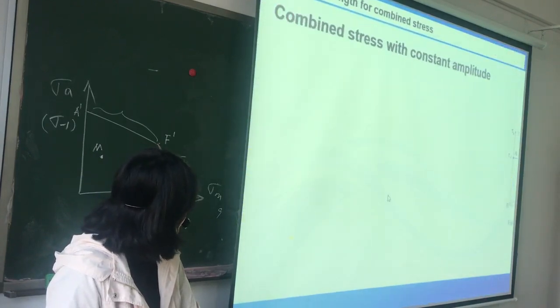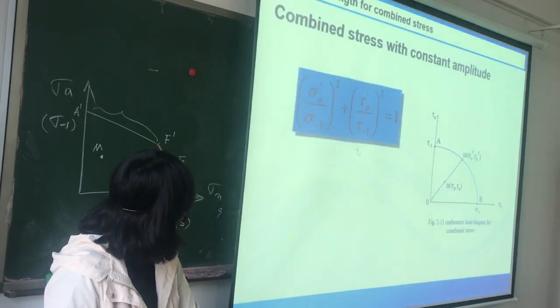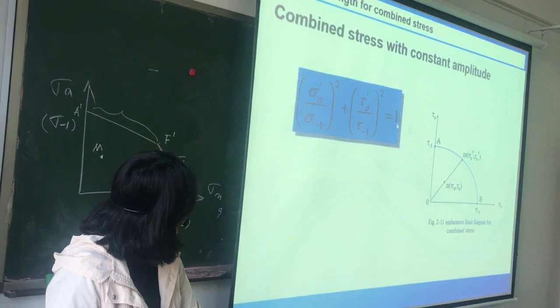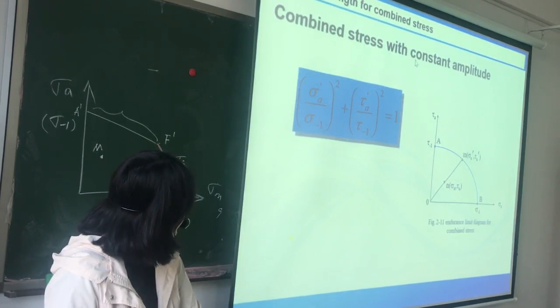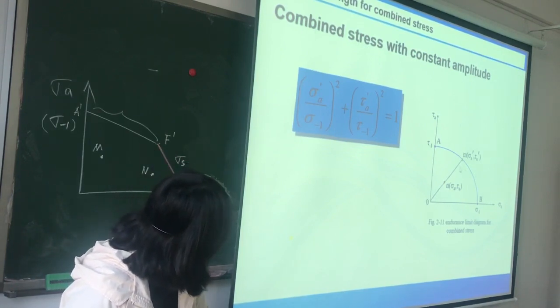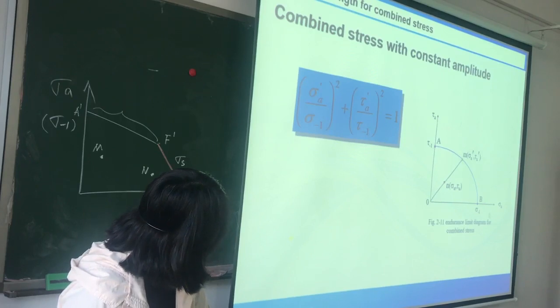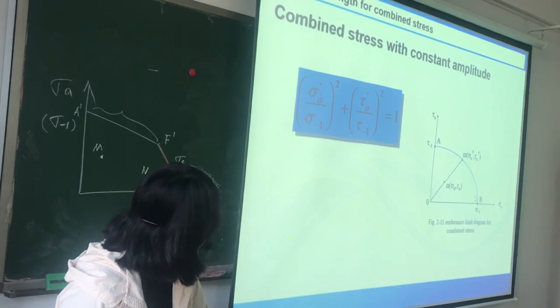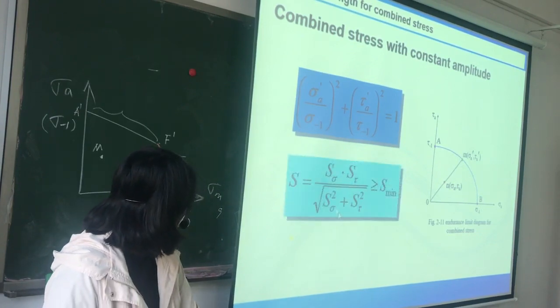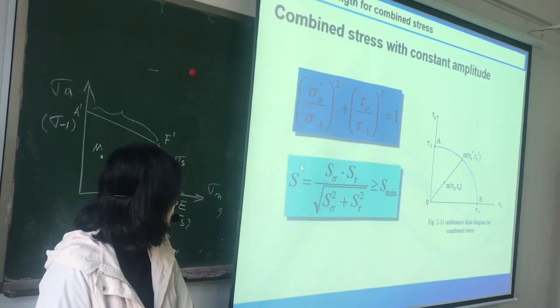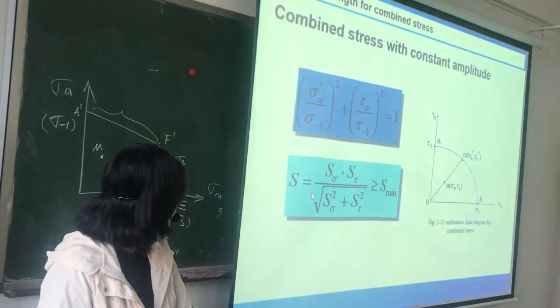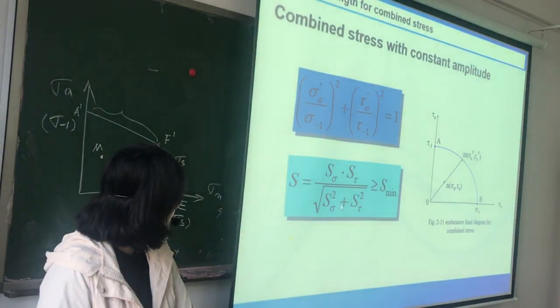This is the equation for combined stress with constant amplitude, and this is the endurance limit diagram for combined stress. The safety factor S can be expressed as this.